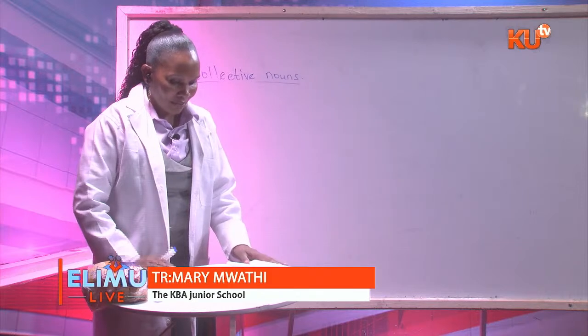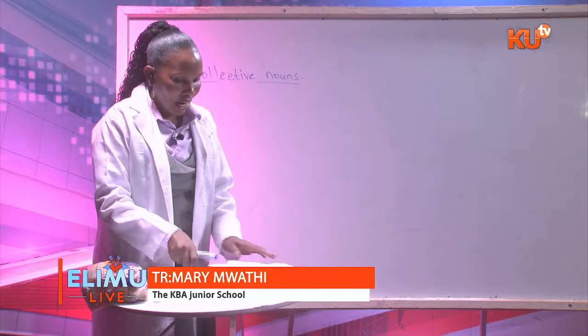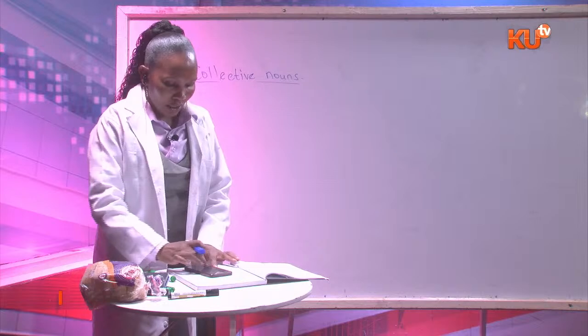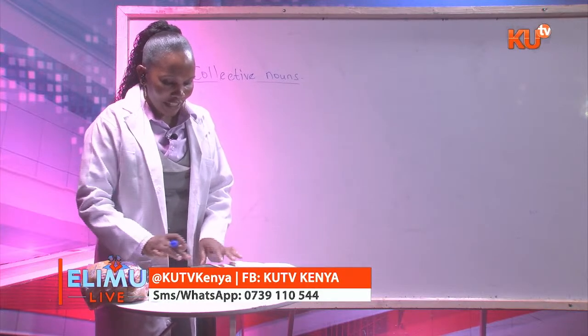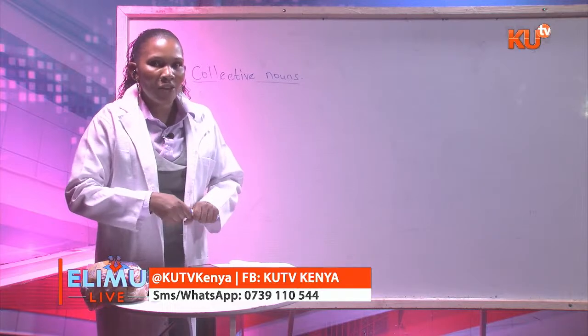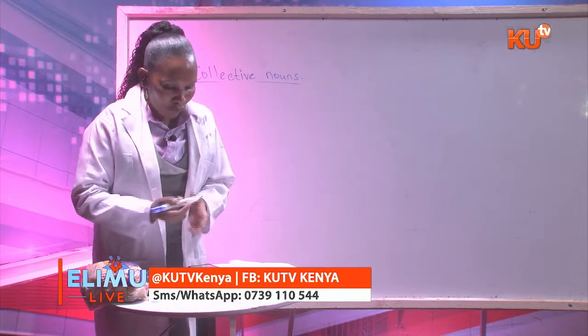We have a fleet of vehicles. When there are many, we don't have any other word, there is no plural. We have a fleet of vehicles.